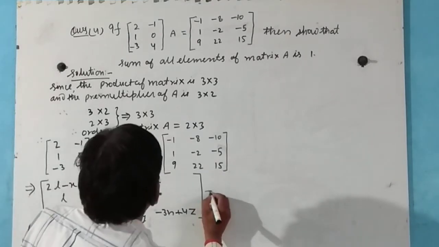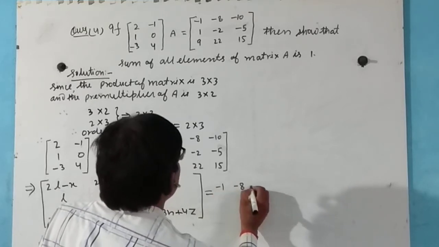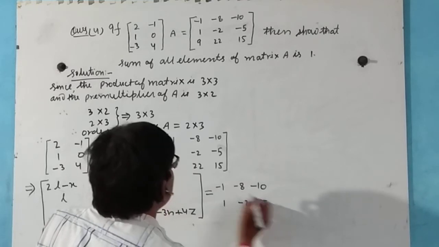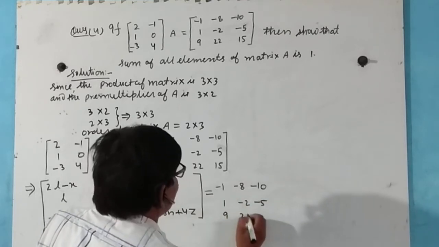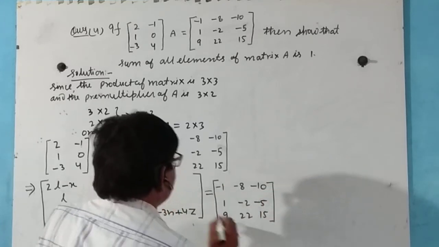This is equal to minus 1, minus 8, minus 10, 1, minus 2, minus 5, 9, 22 and 15.